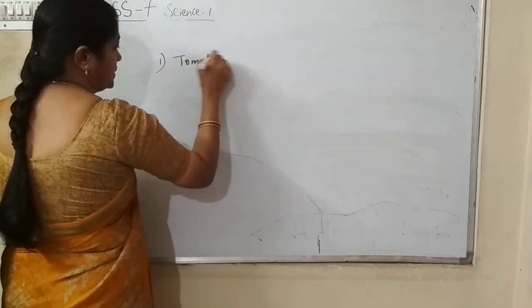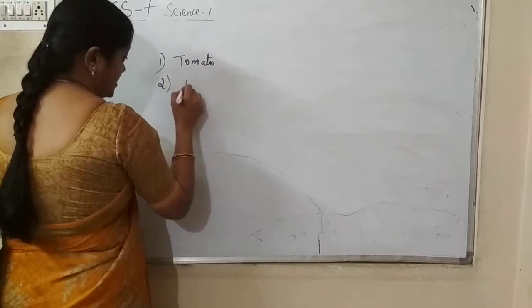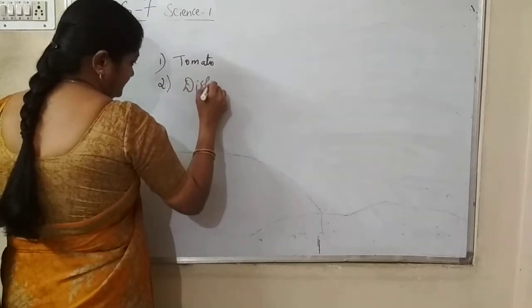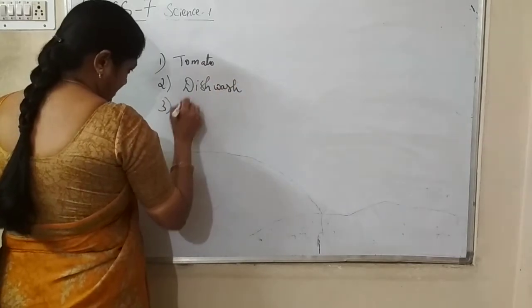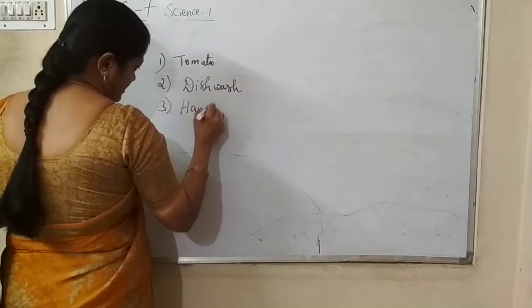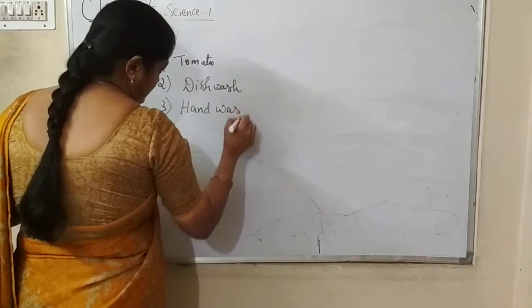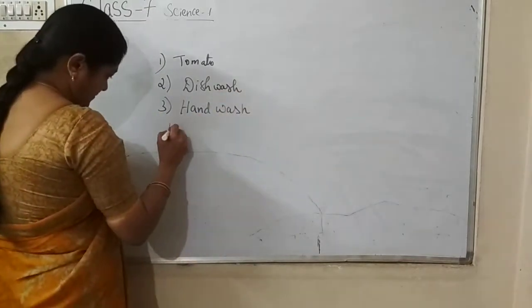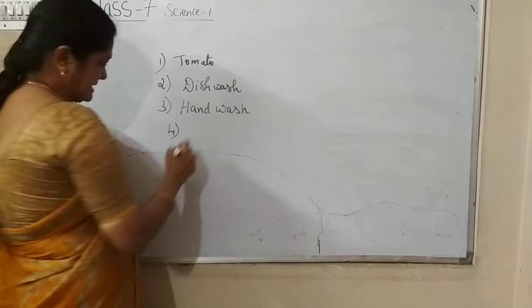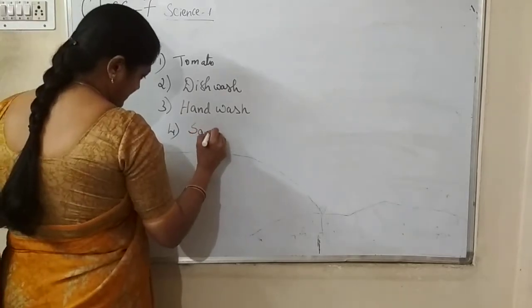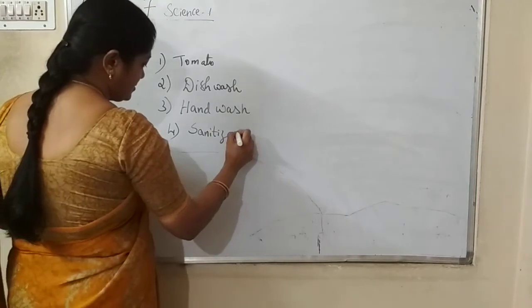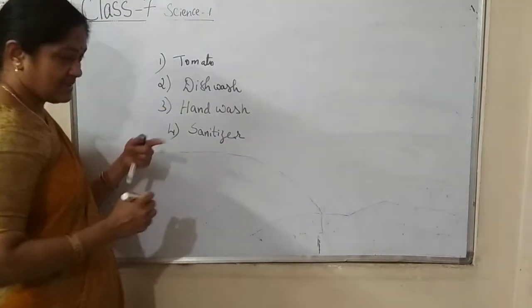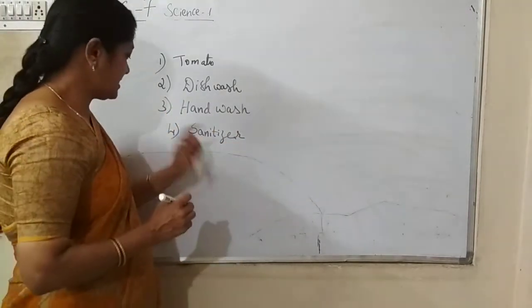Tomato and dishwash, hand wash. Okay, and what else? Sanitizer, because nowadays we are using all these things, hand wash and sanitizer.